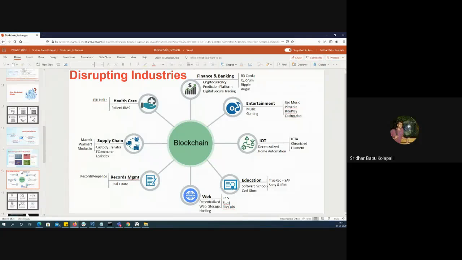So let's move to the next vertical, which is record keeping. I can say compared to even healthcare, real estate is the place where technology is not heavily used. They move the technology for engineering aspects, right?